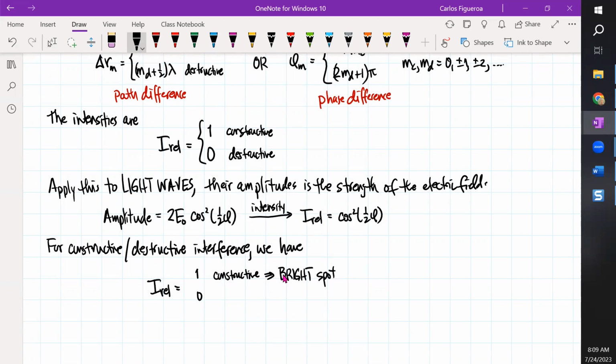If you calculate 0, that means destructive, which means this is a dark spot.